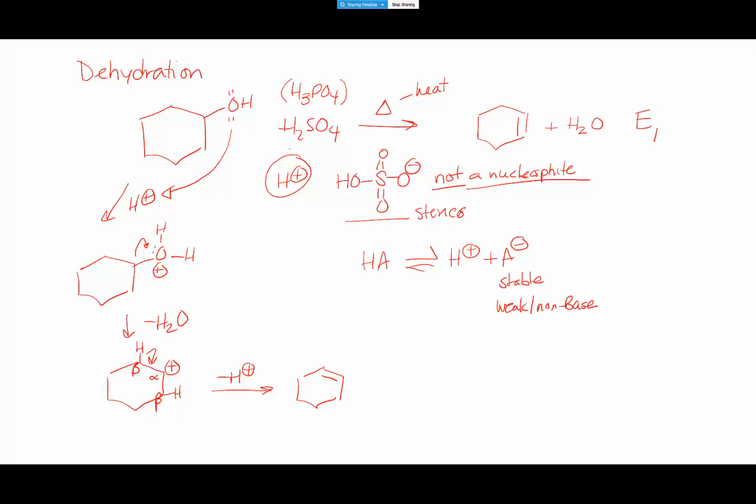What about the H plus? It's used at the beginning. It's generated back in the last step. So it's not a reactant because it's used and regenerated. So there's no net loss of H plus.